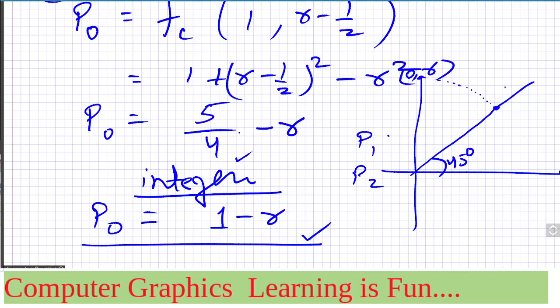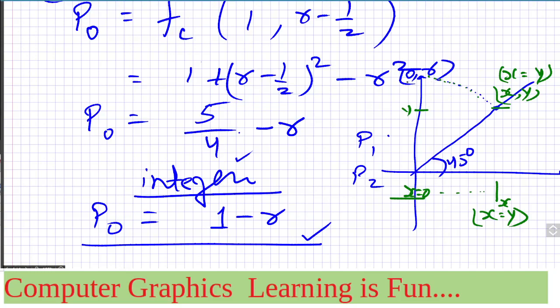At 45 degree, the value of x is equal to the value of y. Here x is equal to y. So, you have started with x equal to 0, and you will go till this position where x is equal to y. This is your y, this is x. So, till this position you keep on finding the pixel values.